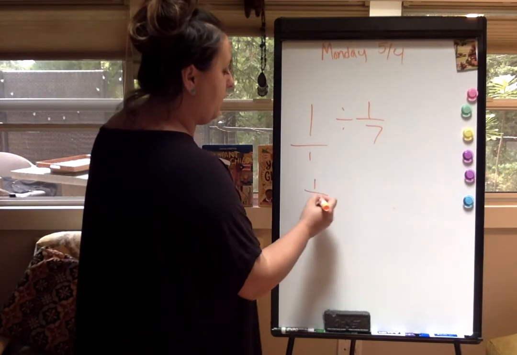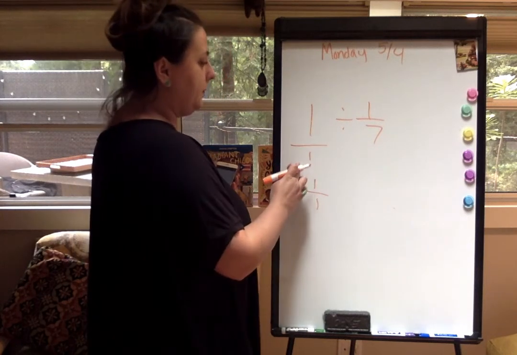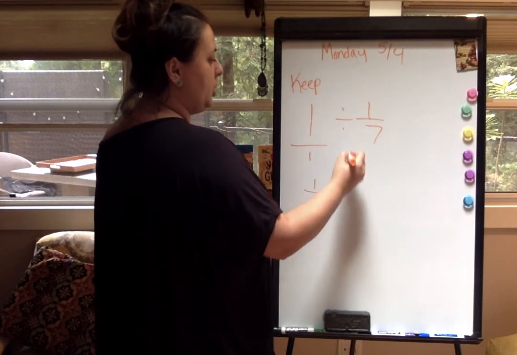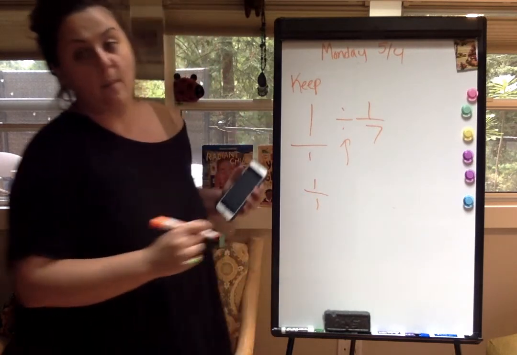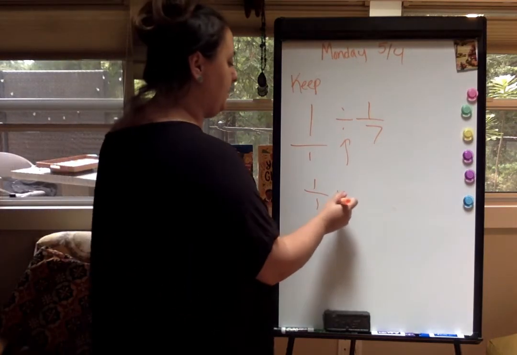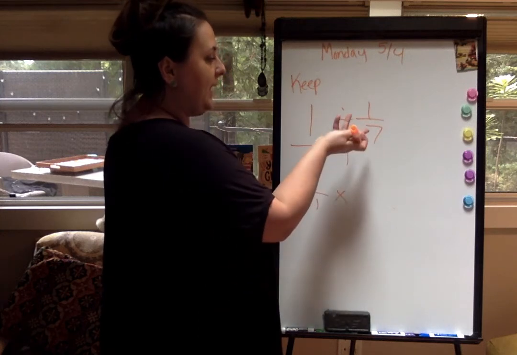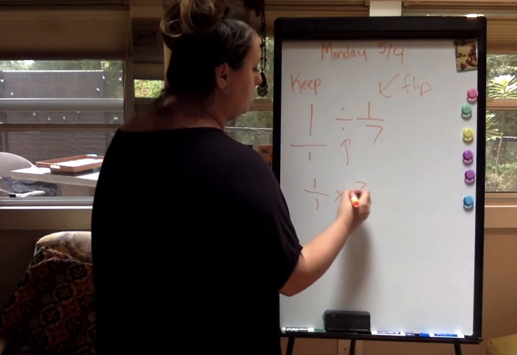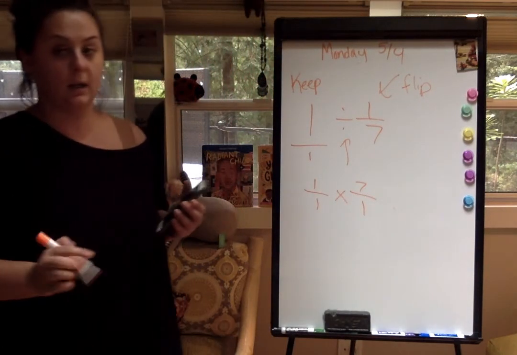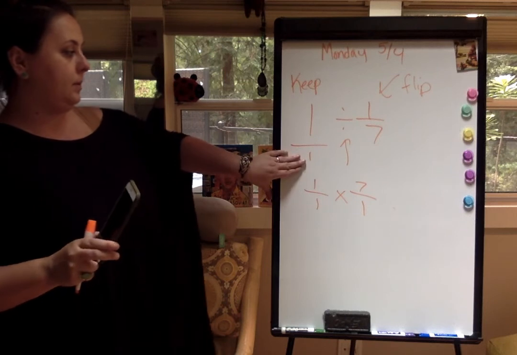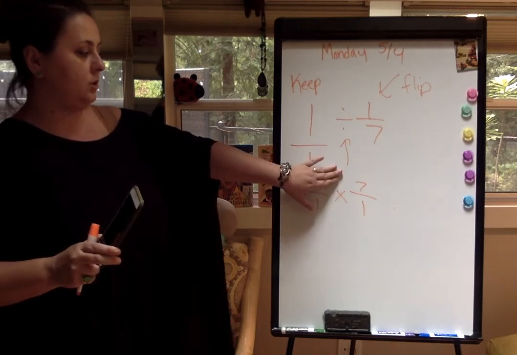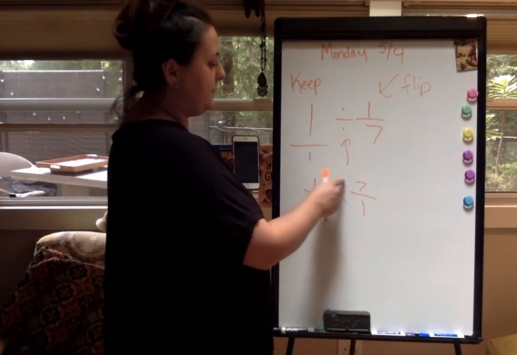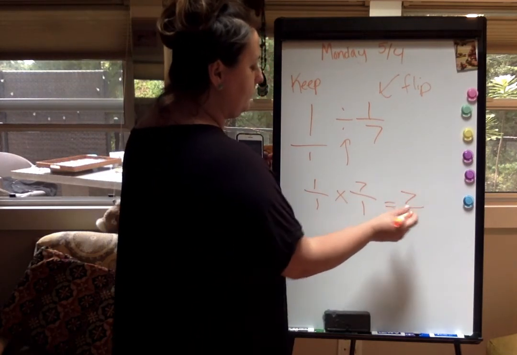Okay, so 1/1, keep, change from a division sign to a multiplication sign, flip. Okay? Keep, change, flip. So now we have 1 times 7 is 7.